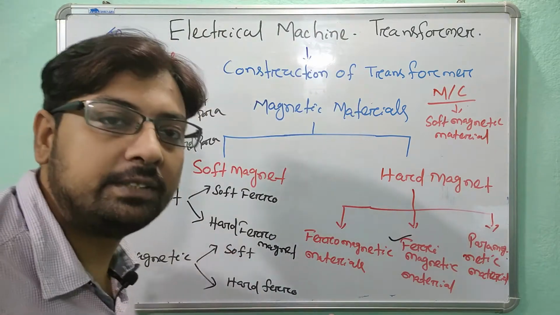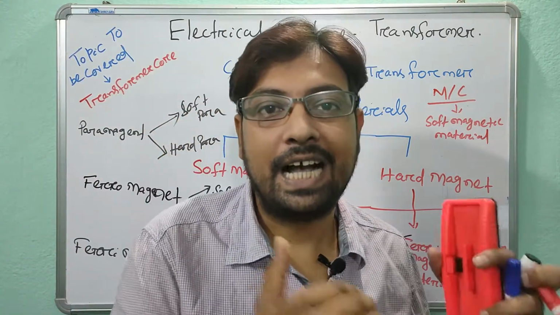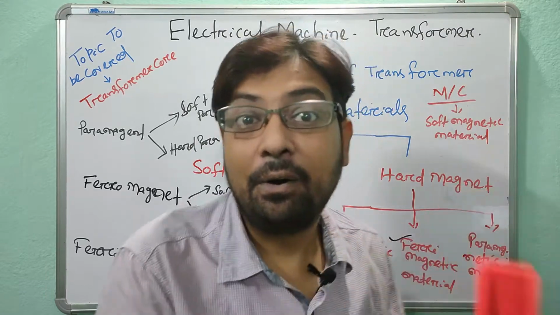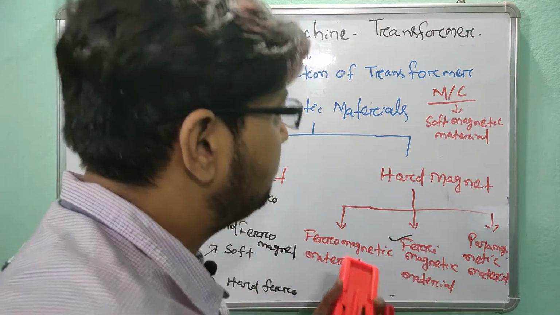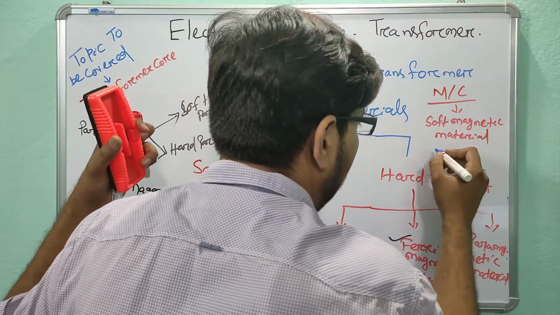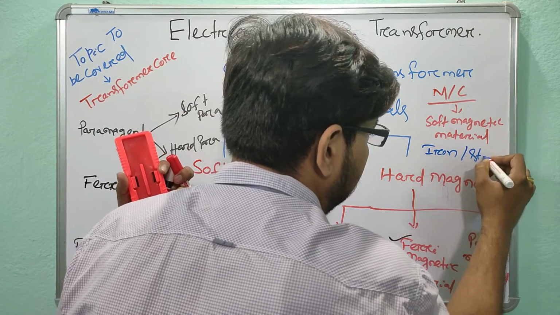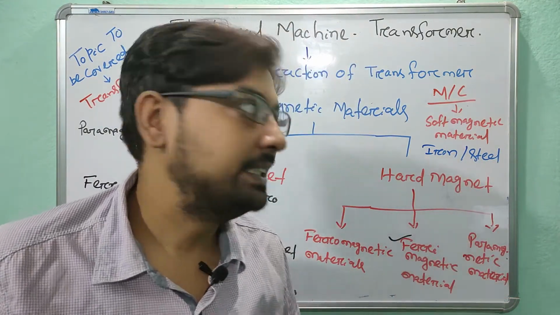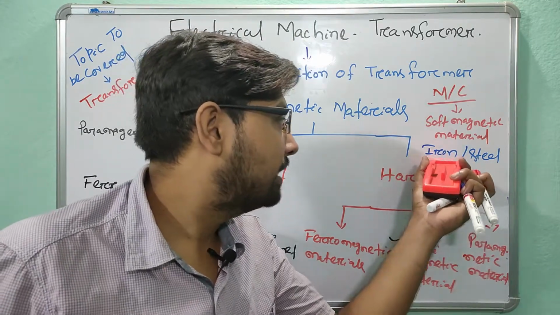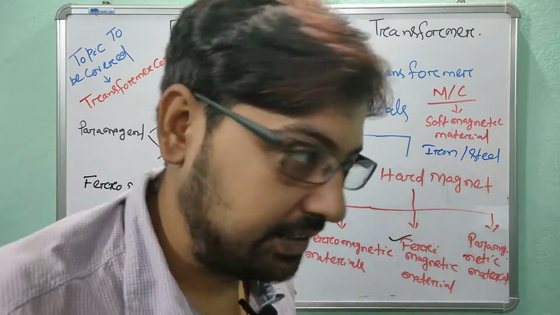Because soft magnetic materials are easily magnetized and demagnetized. Examples of soft magnetic materials are iron or steel. So for electrical machine, the core of the machine is made up of either iron or steel, that is soft magnetic materials.